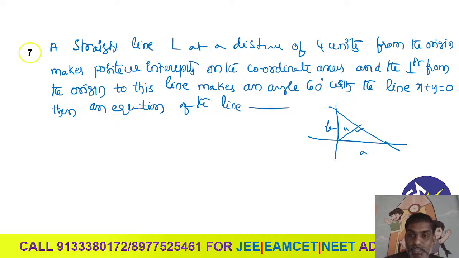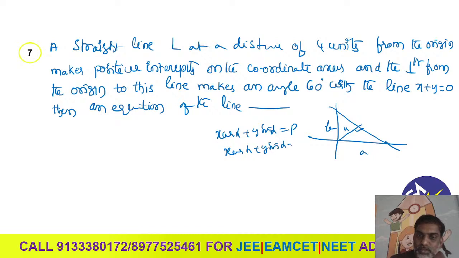It is making 60 degrees with the line x plus y equals 0, not with this line. Here it is like the perpendicular form x cos alpha plus y sin alpha equals p. So x cos alpha plus y sin alpha is equal to 4. This is the line, but here we don't know the alpha.